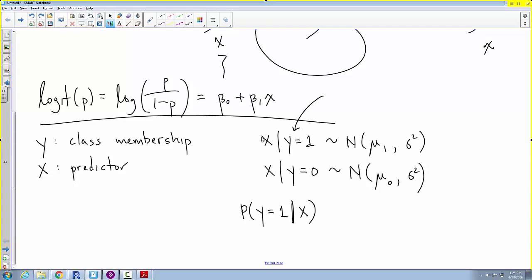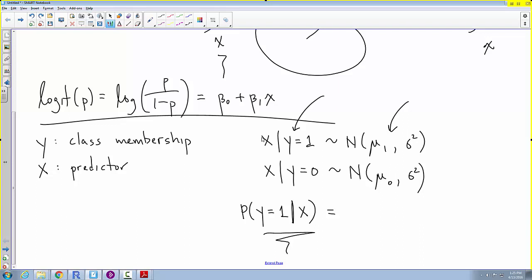I'm going to assume they come from some probability distribution. And what I get to do by applying this thing called Bayes' theorem, or Bayes' rule, is write this quantity that I would like to be able to estimate in terms of things that I can estimate.